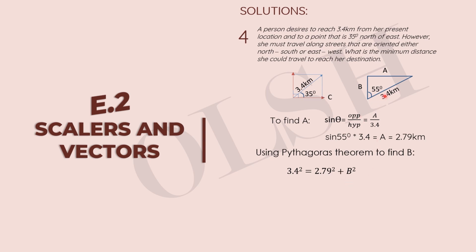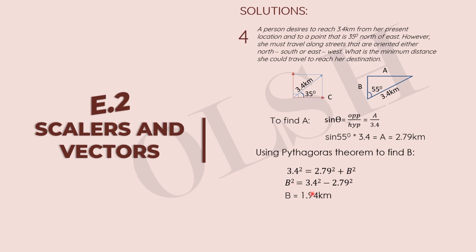So we know that 3.4 squared is equal to A squared plus B squared for Pythagoras theorem. And of course, this is the resultant part of the triangle. So 3.4 squared equals 2.79 squared, which is A squared, plus B squared. Okay, so if we make B the subject of formula, we have 3.4 squared minus 2.79 squared.